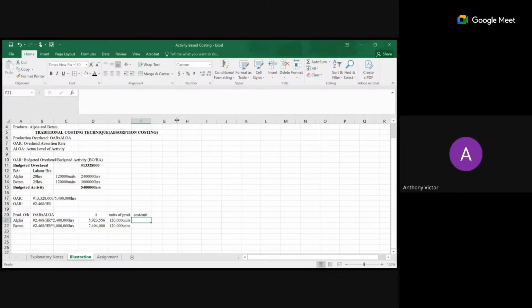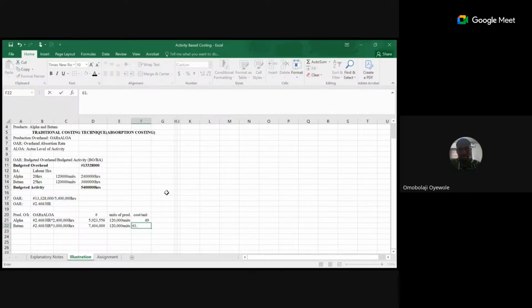For the first one, 49.36. The next one, 61.7 for Betam. It has been approximated already.